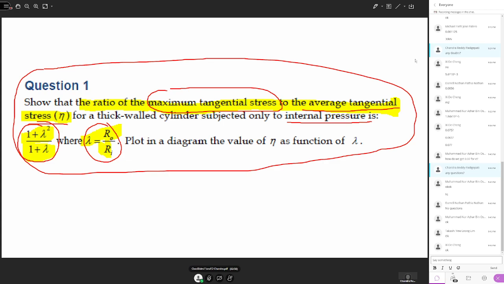So we are asked to prove the ratio sigma theta max over sigma theta average.